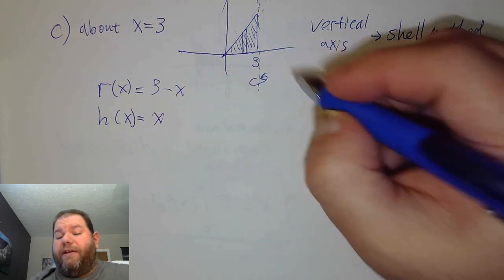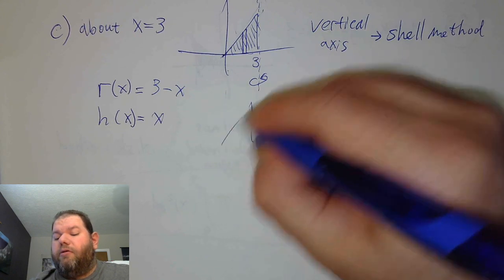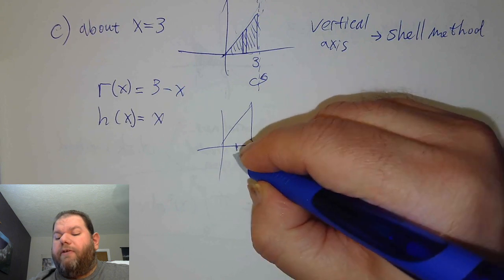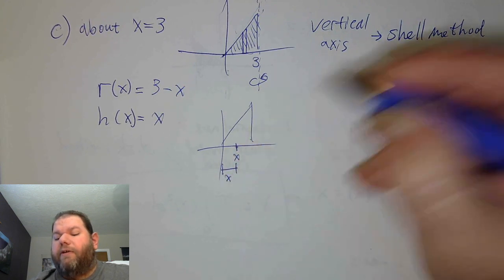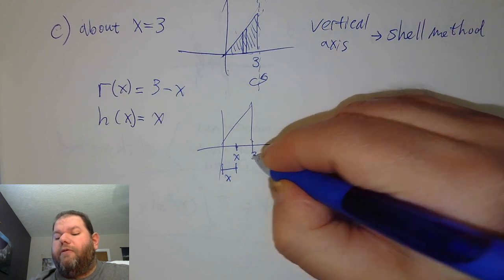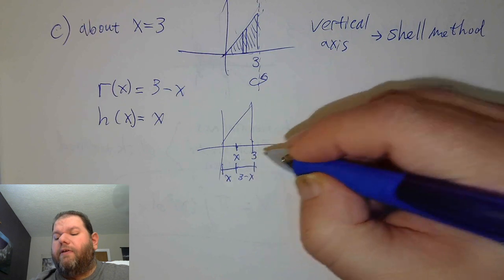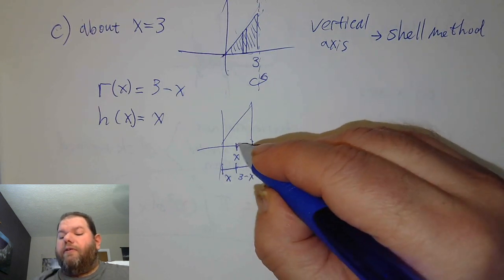Now once again, the idea behind that, if we pick some random value x, that means the distance from here to here is x. And if this is 3, then the distance between those two is 3 minus x. Okay? And this is the distance that we want.